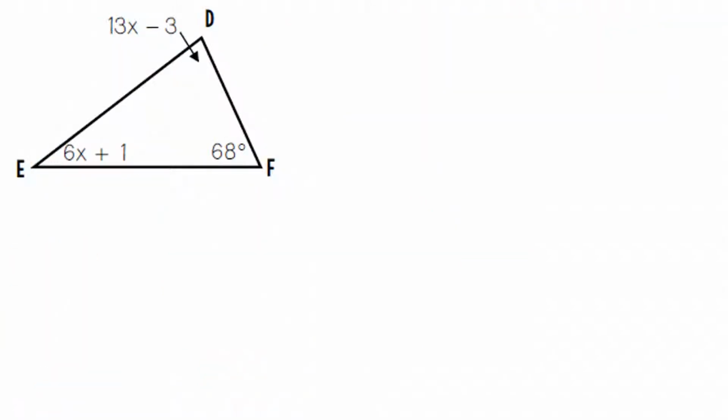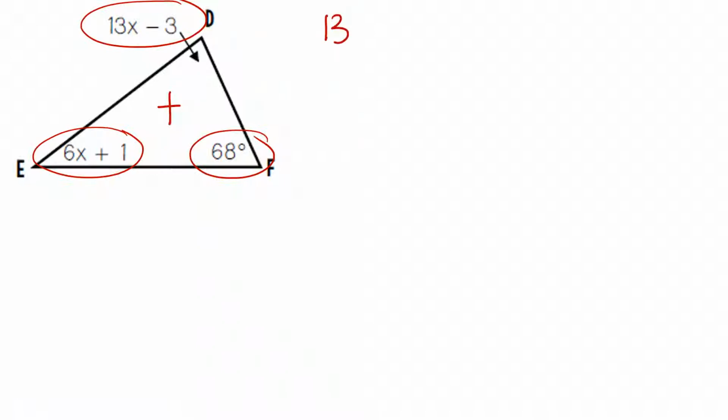For this triangle, again, we are going to take all three angles and add them together. So we can go ahead and add up the 13x minus 3 plus the other angle, 6x plus 1, plus the last angle, 68, and it's going to equal 180.